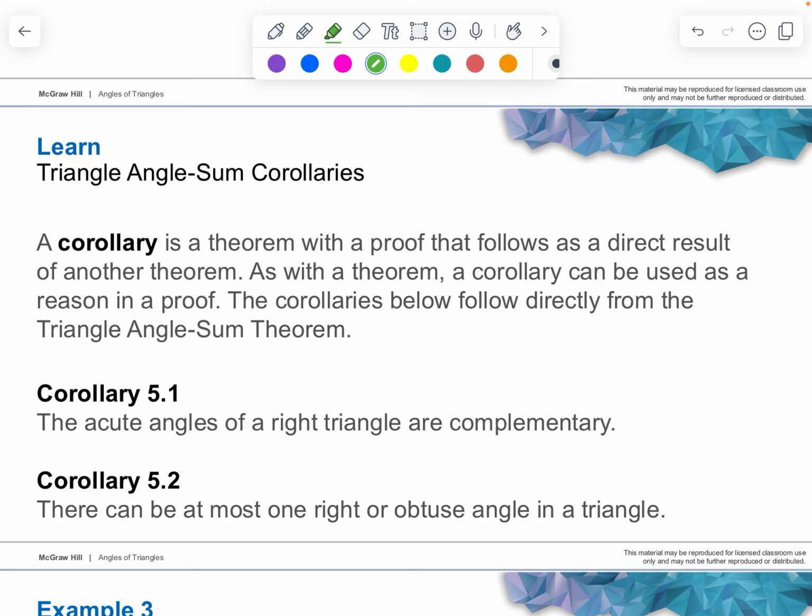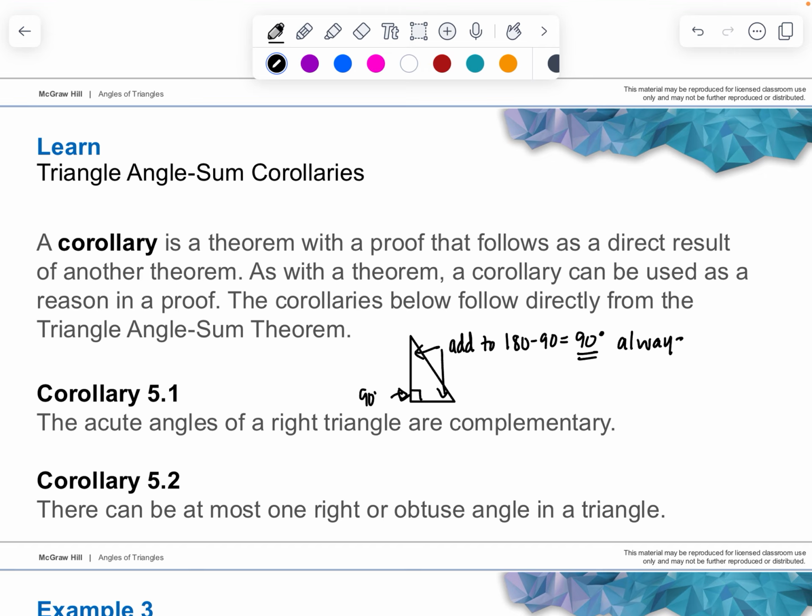Let's see. If we have a right triangle, okay, 90 degrees down here, and if all triangles add to 180, well, if there's 90 degrees down here in this corner right here, then these two must add to 180 minus 90, which is 90 degrees, right?